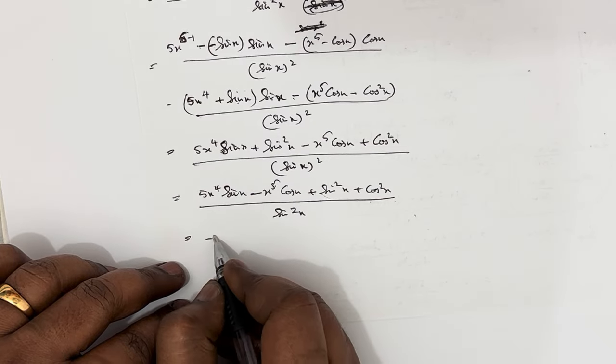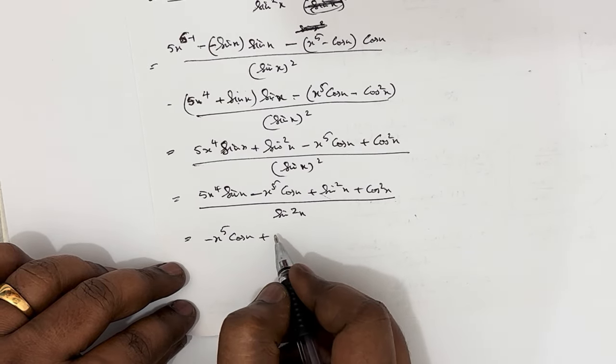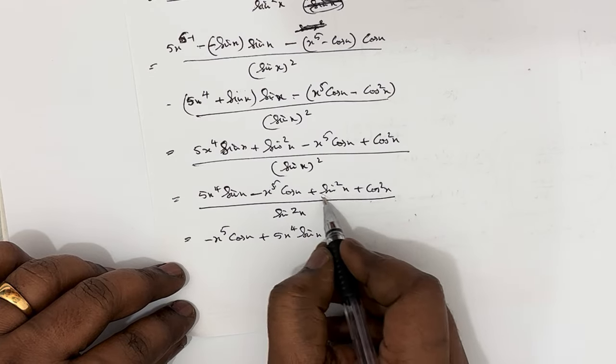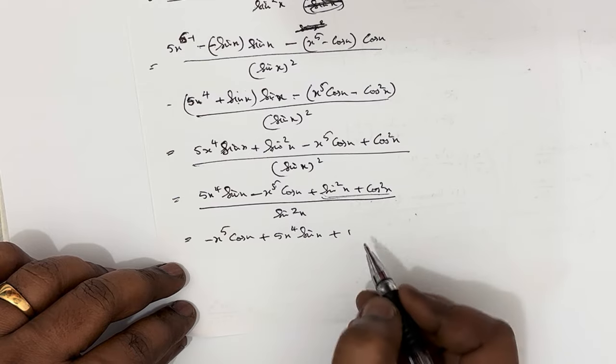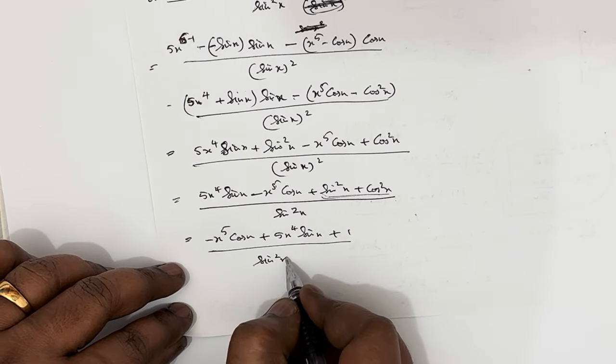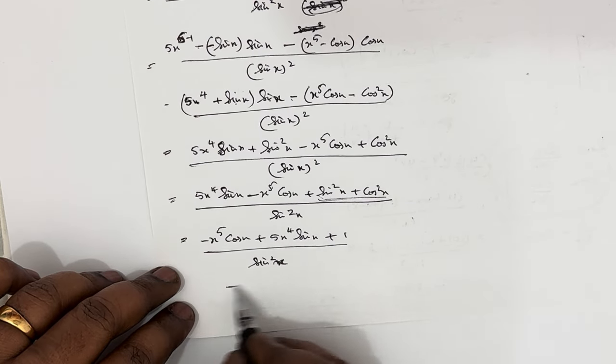So we'll write minus x^5 cos x, and next we'll write this one, plus 5x^4 sin x, and this is 1, so plus 1 upon sin square x. That's it, this is the answer given.